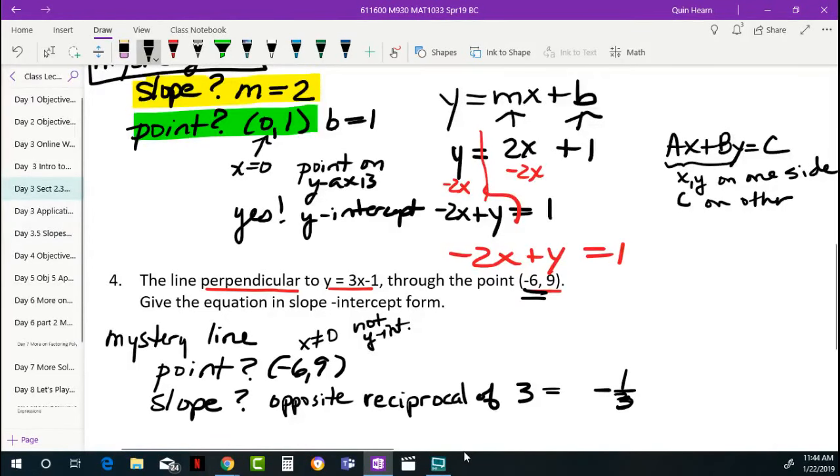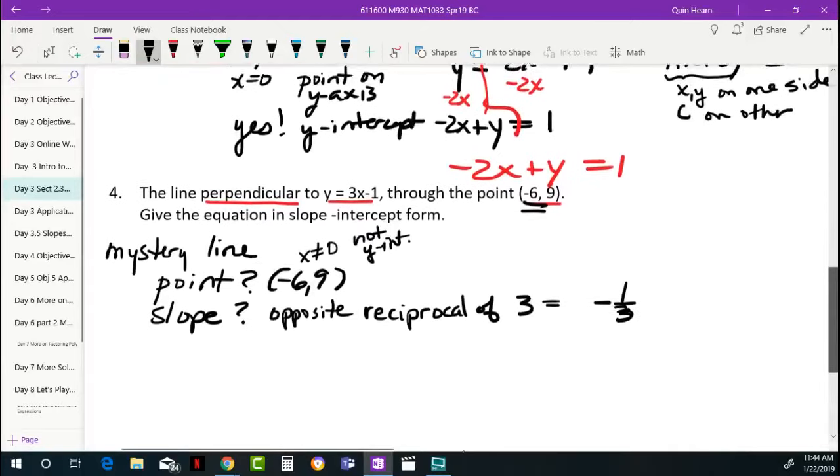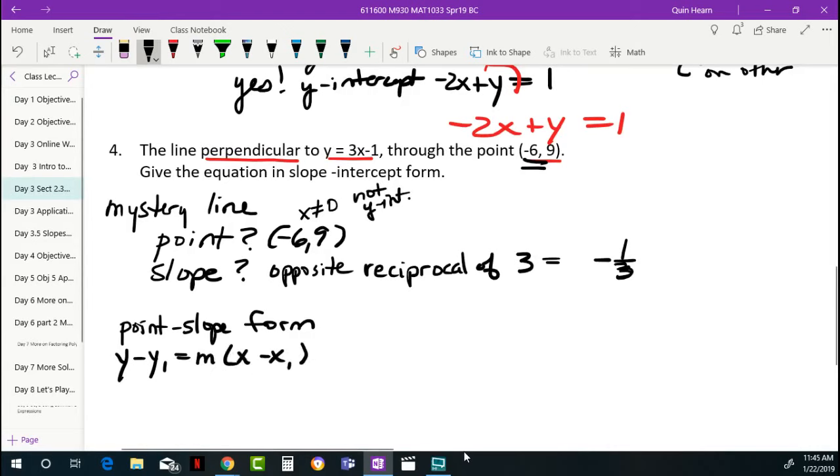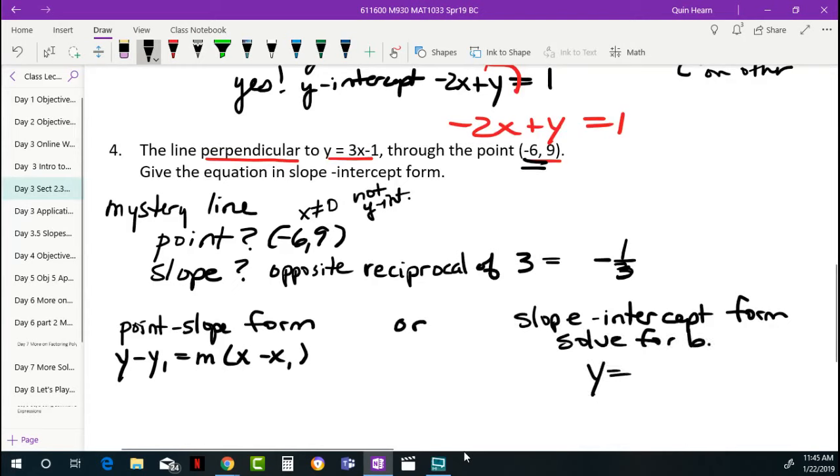So we can either plug into y minus y1 equals m times x minus x1, the point-slope form, or we can plug into the slope-intercept form, but with the purpose of solving for b. I'm going to do it both ways.